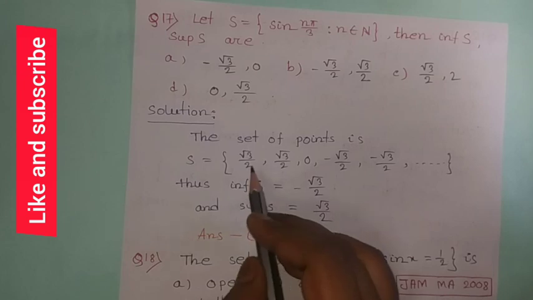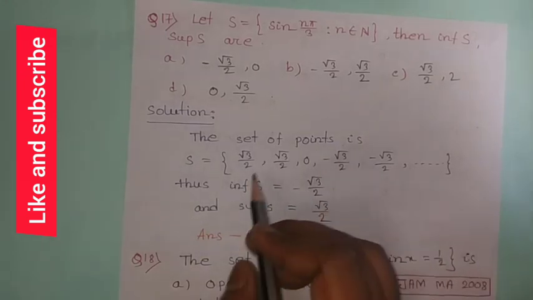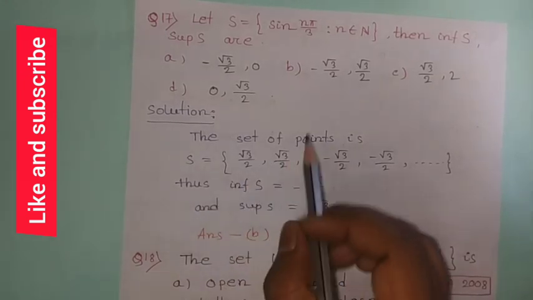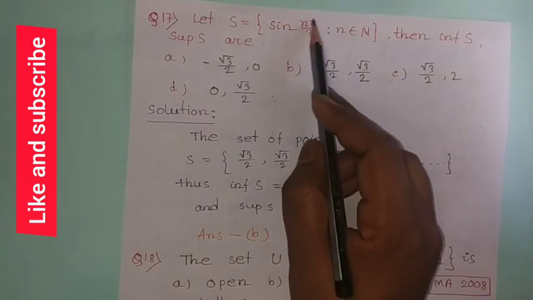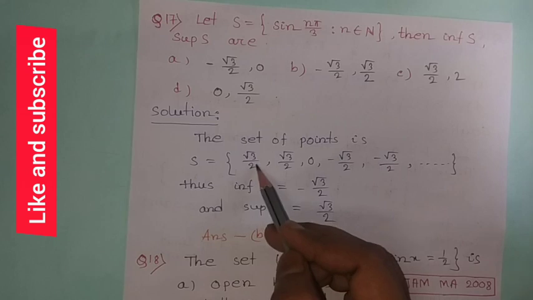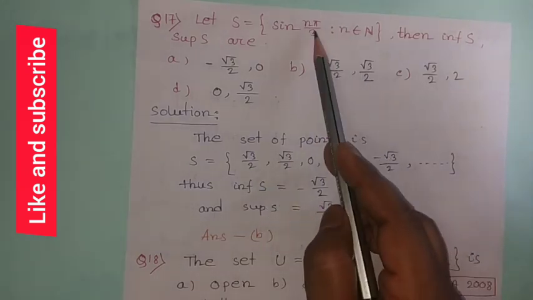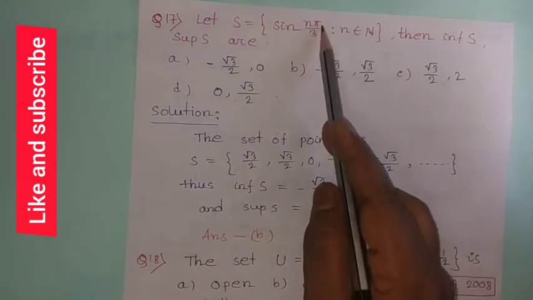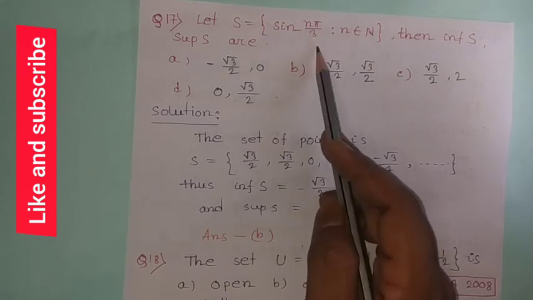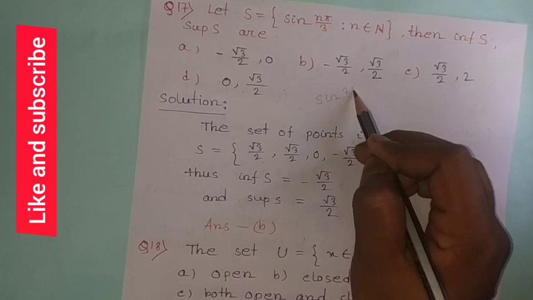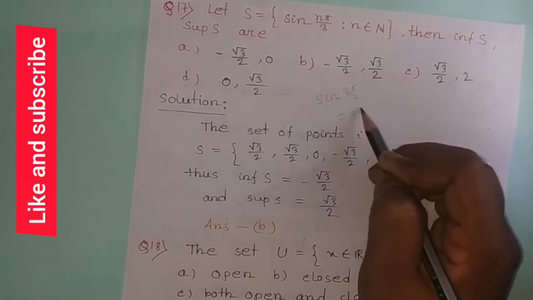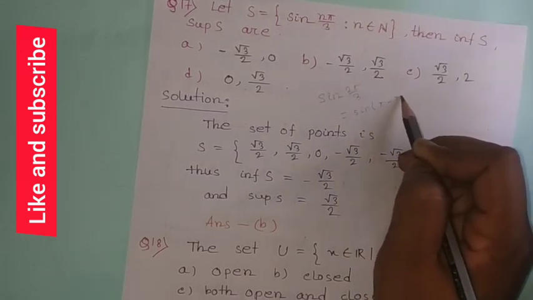Now the solution. The set of points is S equal to root 3 by 2. If we put n equal to 1, then sine pi by 3, that is sine 60, is root 3 by 2. If we put n equal to 2, then sine 2 pi by 3 equals sine of pi minus pi by 3.